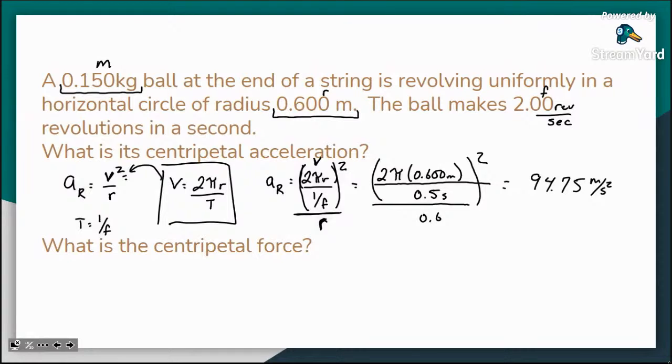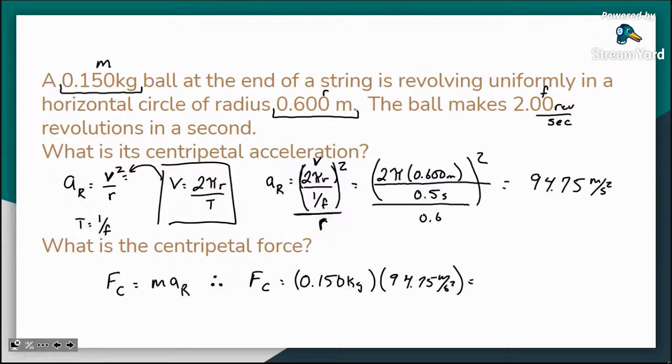But now that I've got my acceleration, now I can go about finding what that centripetal force is. And again, force centripetal is going to be mass times acceleration radial. So therefore, and if you haven't learned that symbol, it's an important little symbol, the 3 dots as a triangle means therefore. Therefore, force centripetal is going to equal the mass of 0.150 kilograms times the centripetal acceleration of 94.75 meters per second squared.